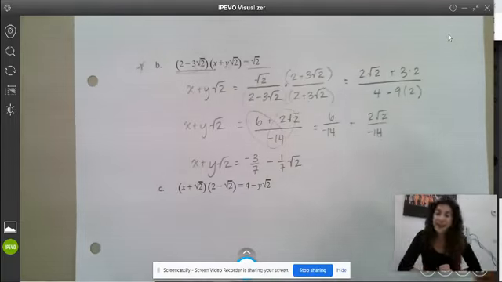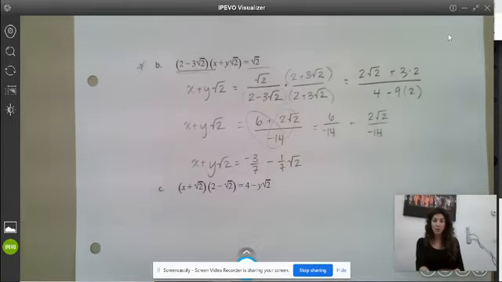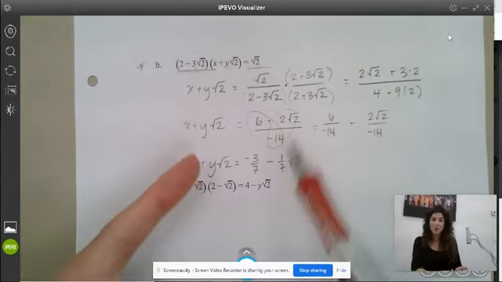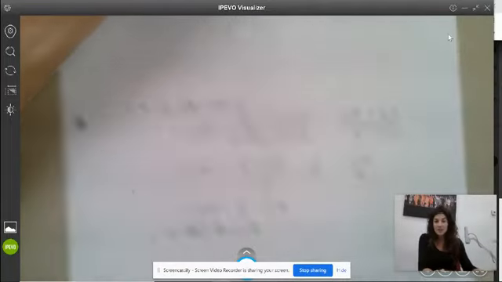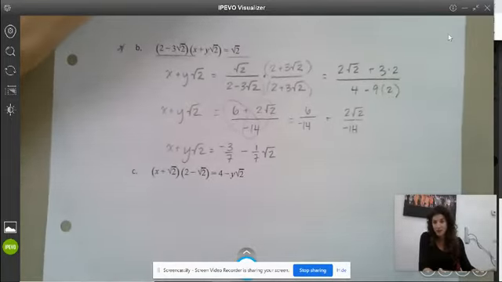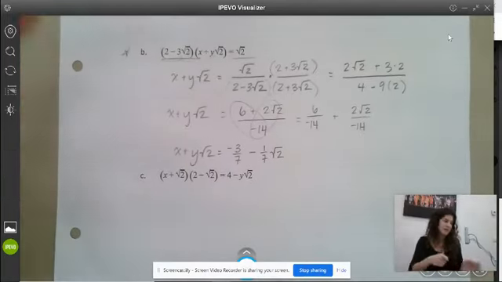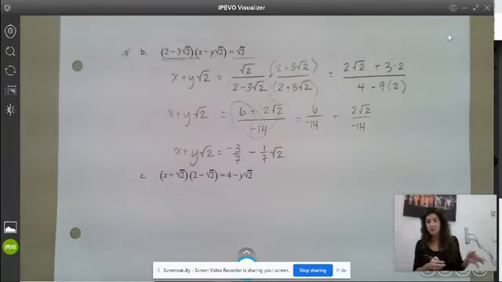Okay, so now we've gotten it down to a form where we can start matching up what the like terms are. This is where it gets complicated: in order to isolate it and get it into this idea of the equality of surds, you need to do some sort of manipulation. And it's all manipulations that you've learned how to do in the past. Whatever you do to one side, you have to do the other. You need to subtract from both sides or add, divide, multiply to both sides.